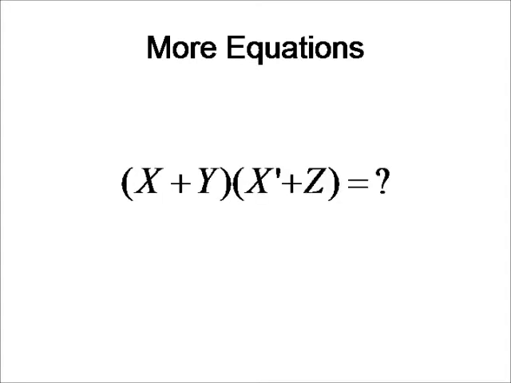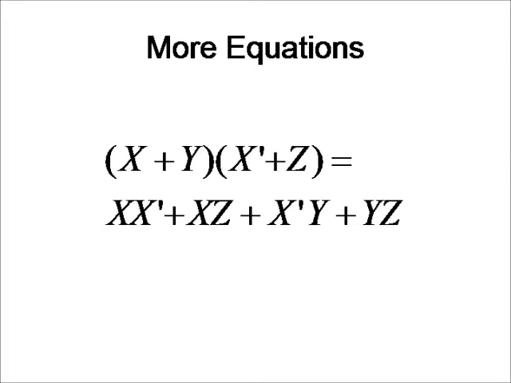Let's try something a little harder and add a third variable into the equation. So let's take a look at x plus y ANDed with x naught plus z. For this one, we are going to use the FOIL technique. So we combine the first terms, x x naught, combine the outer terms, xz, combine the inner terms, x naught y, and then combine the last terms, yz.